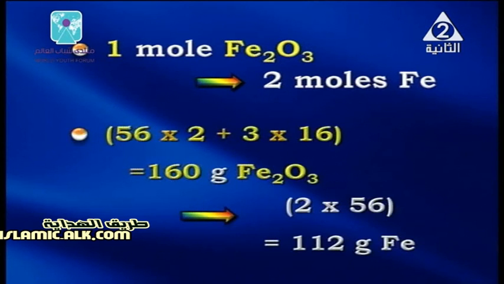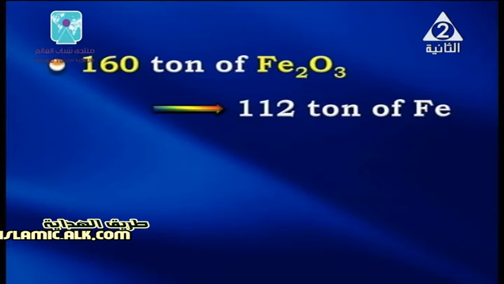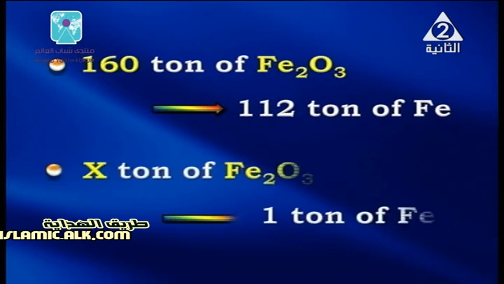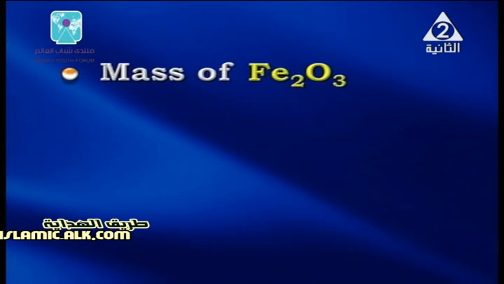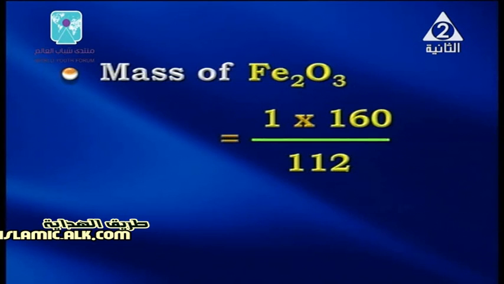So 56 times 2 plus 3 times 16 equals 160 gram, which contains 2 times 56 equals 112 gram iron. So 160 ton of iron 3 oxide gives 112 ton of iron. Then X ton of iron 3 oxide gives 1 ton of iron. So mass of iron 3 oxide equals 1 times 160 over 112, so equals 1.43 ton.